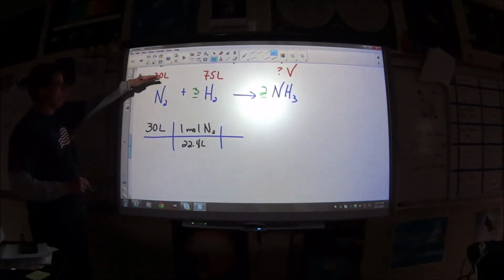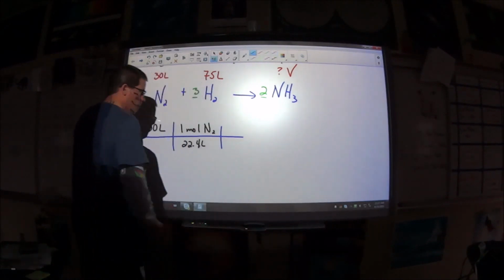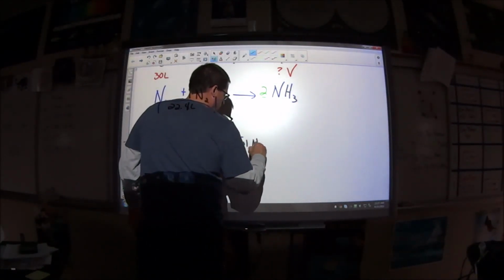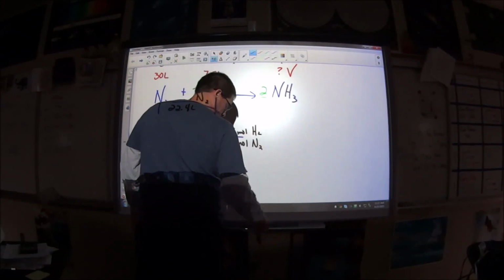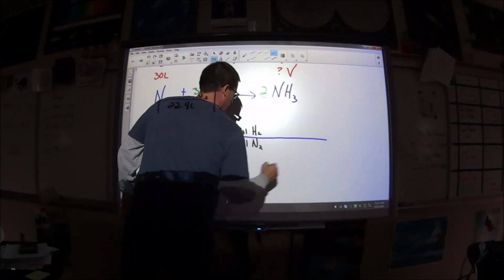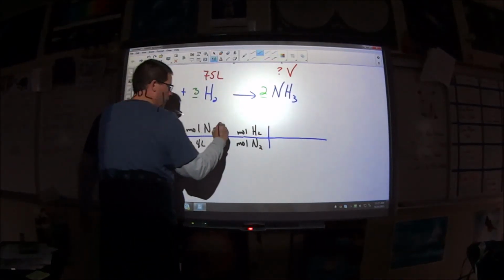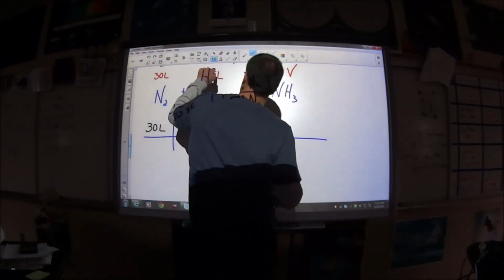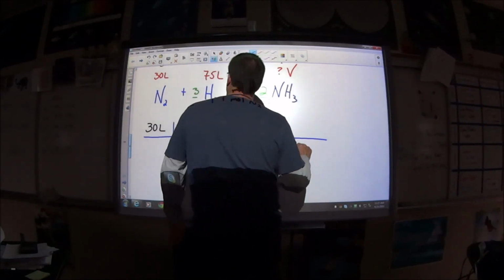Okay, so step 1, write a balanced equation. Step 2, change it to moles. Then we're going to use our mole ratio. So moles of nitrogen to moles of hydrogen. And then we get our numbers. So hydrogen has a 3, nitrogen has a 1. Then let's go back to our desired unit, which in this case is liters.